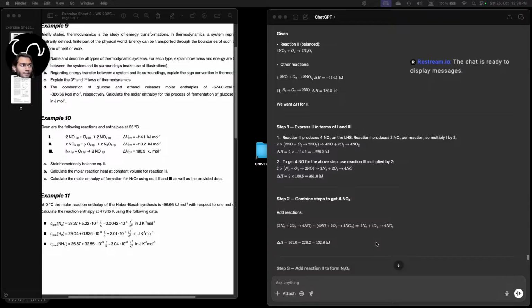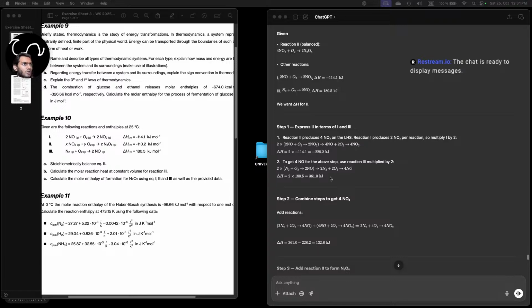Okay, so combining that equation, we're skipping the NO. 2N2 plus the oxygen, these two get cancelled, and 4 times NO2.